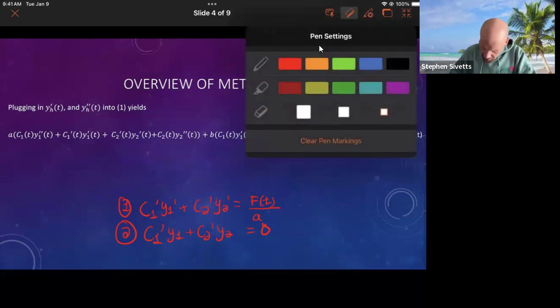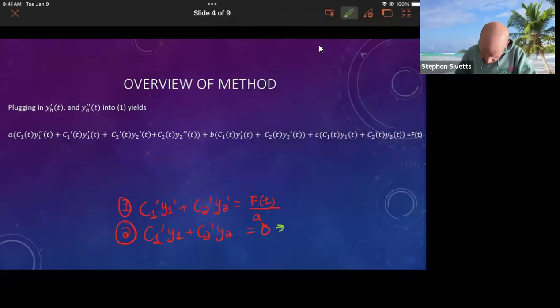From the second equation, we can solve for, let's say, C2 prime. So what that will give us is that C2 prime is equal to minus C1 prime Y1 over Y2.